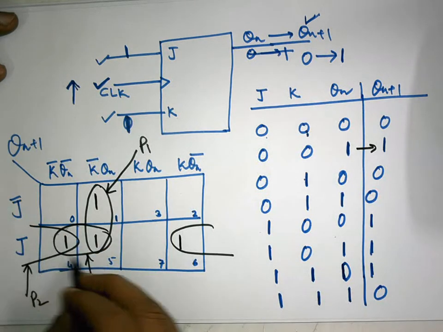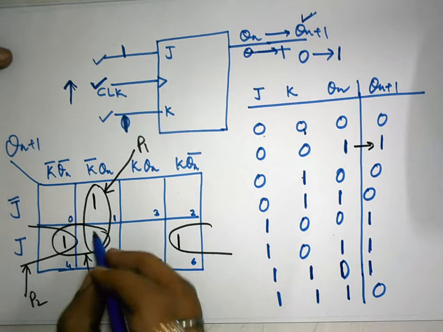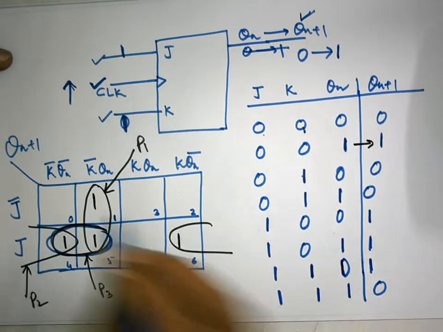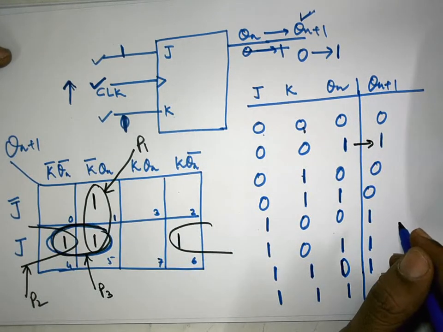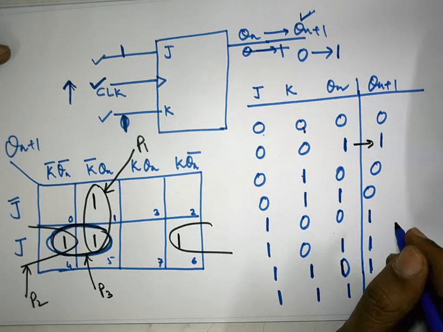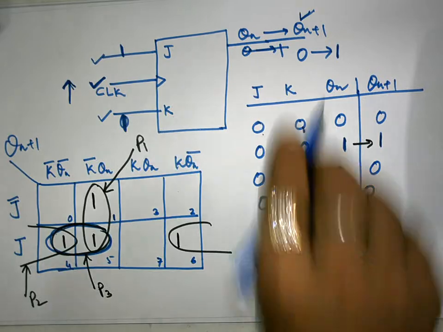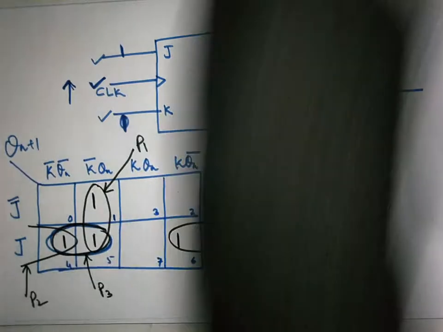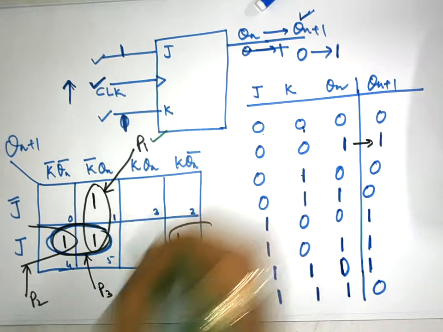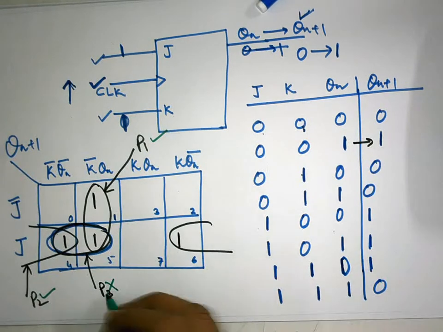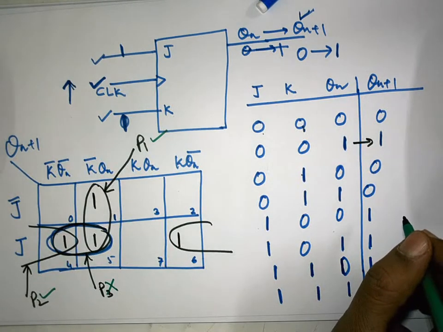This group, this blue colored circle, is it essential or non-essential? Non-essential, because it does not contain any fresh one. So this way you are going to make a wrong combination and get a wrong output. So only P1 and P2 are correct, P3 should not appear in the output.